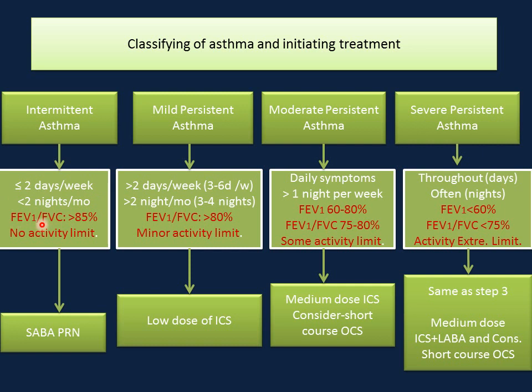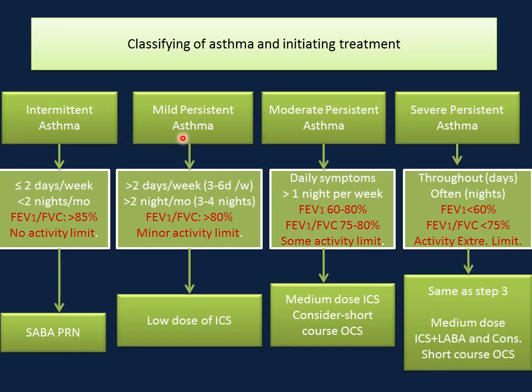The pulmonary function test here is normal and there is no limitation with activity. The best treatment for this class is a short-acting beta-2 agonist as needed. No corticosteroid is necessary, either inhaled or oral, so no steroids in this case. So just a short-acting beta-2 agonist as needed, for example albuterol.